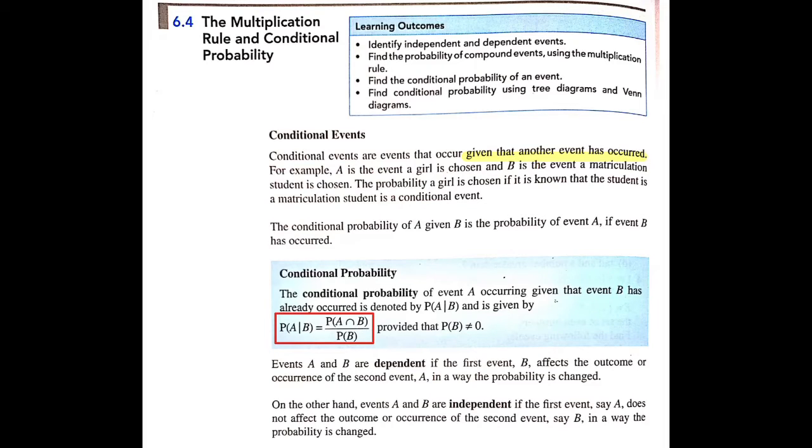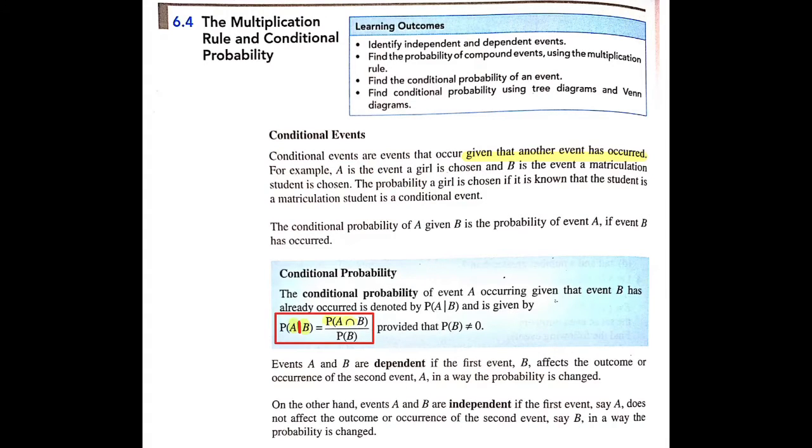So how will we write the formula? The conditional probability of event A happening given that event B already happened. This line here means "given that". So again, this is the probability of A given that B already happened. What is the formula?